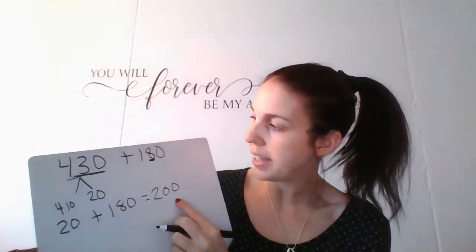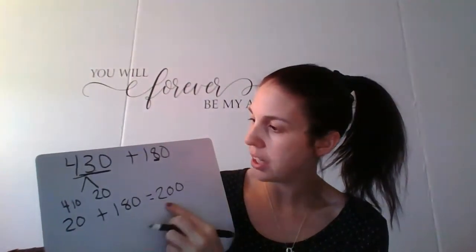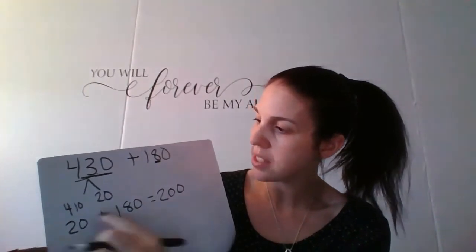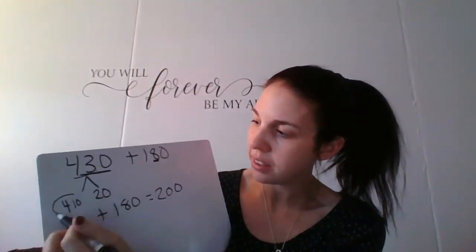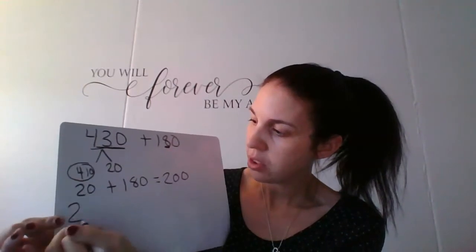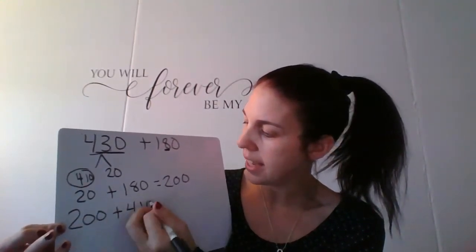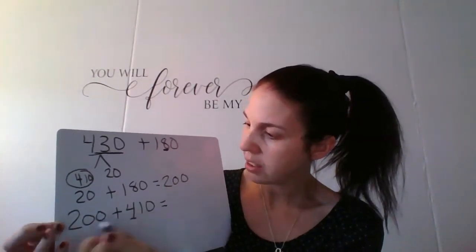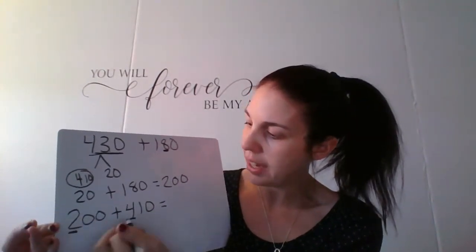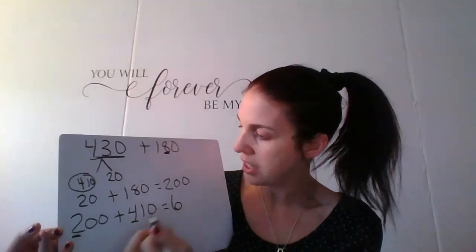Now I can easily add my 200 plus my 410. 200 plus 410. Looking at my hundreds, I have a 2 and a 4. That gives me 600.